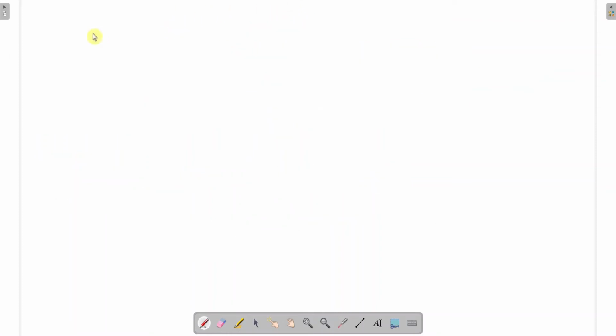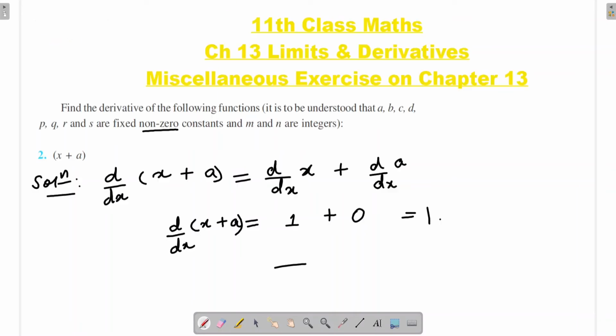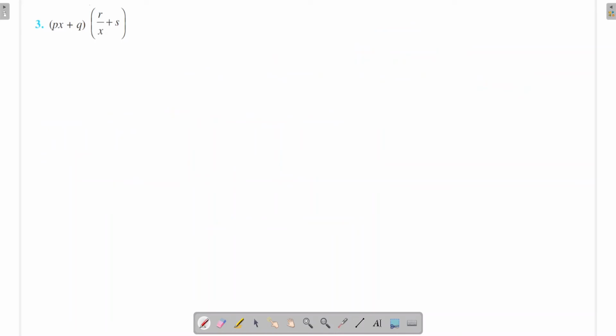Let us move to the next question. So that is problem number 3 here. You have px plus q, bracket open, r divided by x plus s.